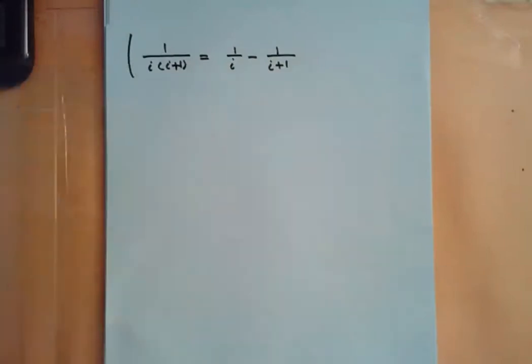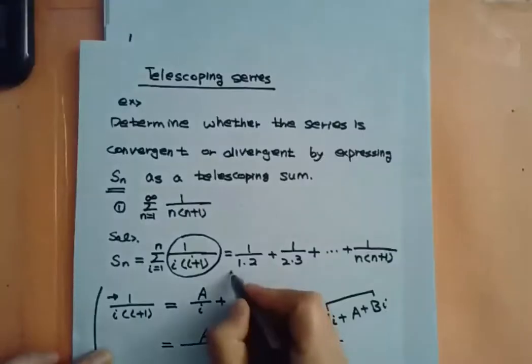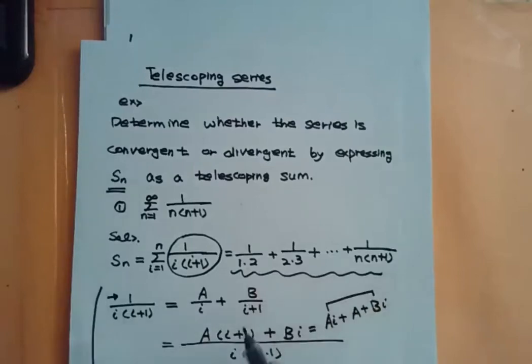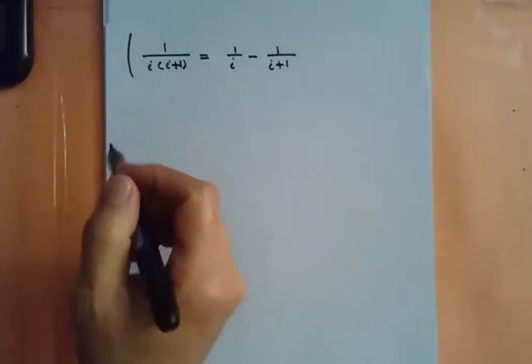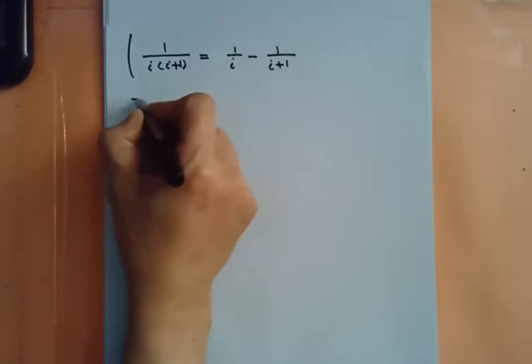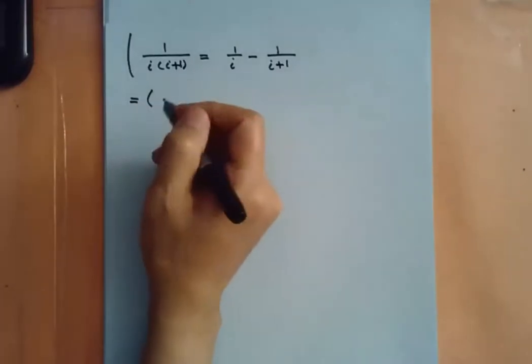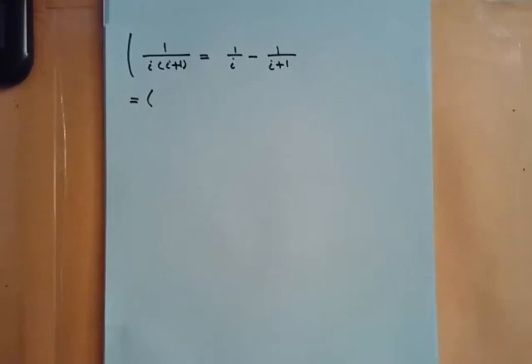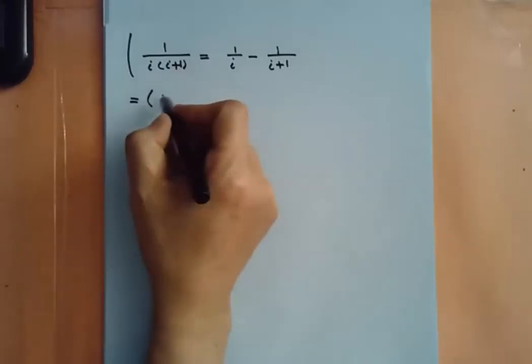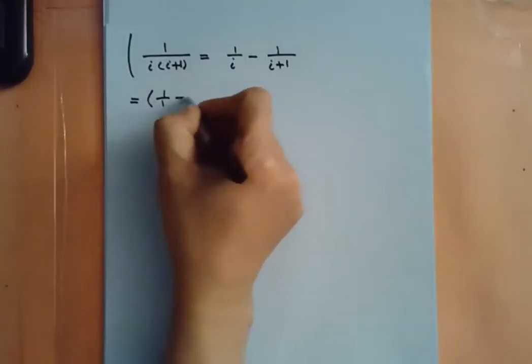And then we go back to this point. The first term is 1 over 1 times 2, which can be written as 1 over 1 minus 1 over 2.